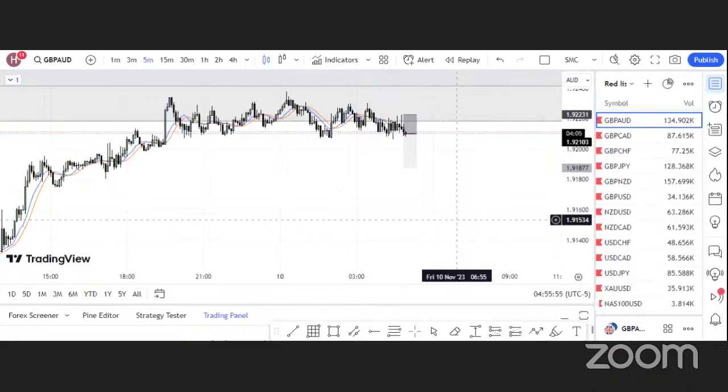Okay. So the market is still moving. Let's wait a bit.